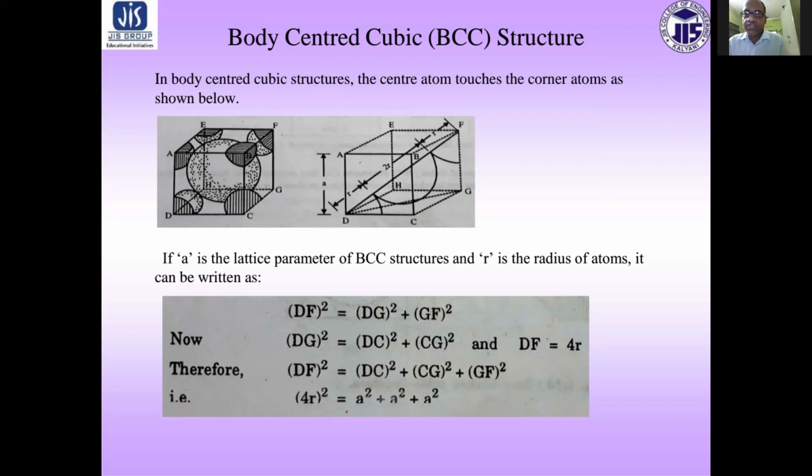Therefore, replacing the dG square part into the original one, dF square is equal to dC square plus CG square plus GF square. So dF square is 4R square. dC is equal to the lattice parameter of a cubical cell, that is A. CG is also the same, the lattice parameter, and GF is also equal to A. So now the equation becomes 4R square equal to 3A square.